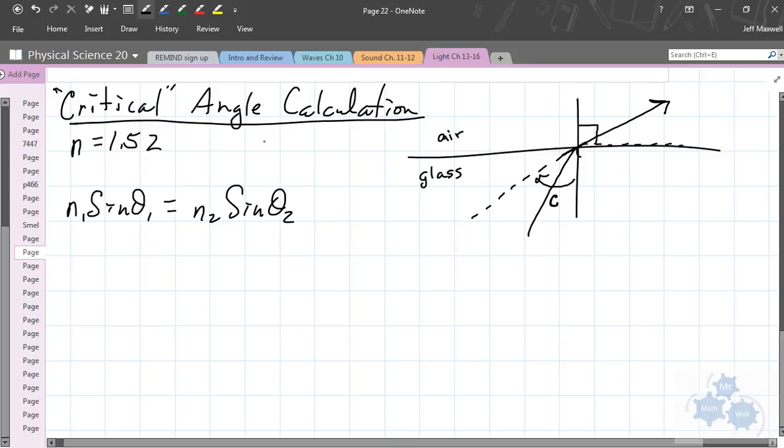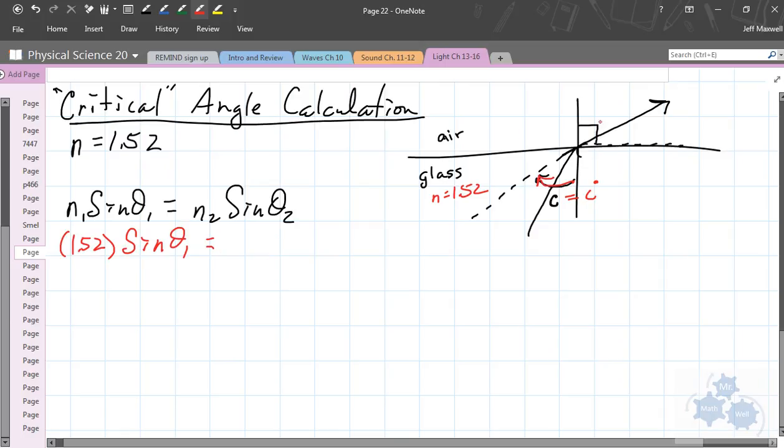Let's take a look at what we need here. The n1 is 1.52, so let's put 1.52 here. This critical angle is really the angle of incidence in this situation. We don't know the angle of incidence, theta 1, so we'll leave it as sine theta 1.